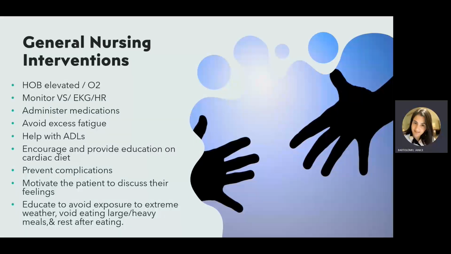And also promote their feelings, especially after someone has had an MI or a coronary artery stent. They tend to feel like, oh my God, I almost lost my life. And some go into depression or they just feel scared. So we do want to promote them discussing their feelings.